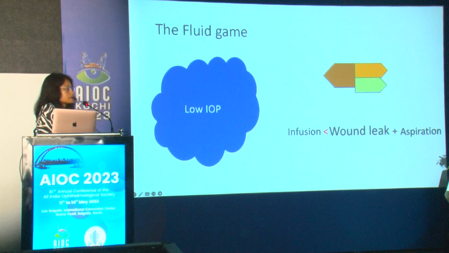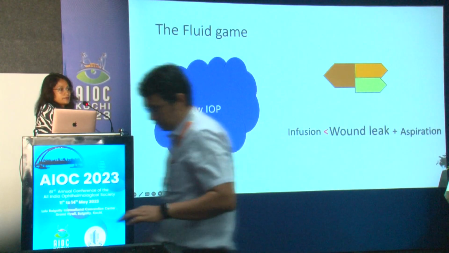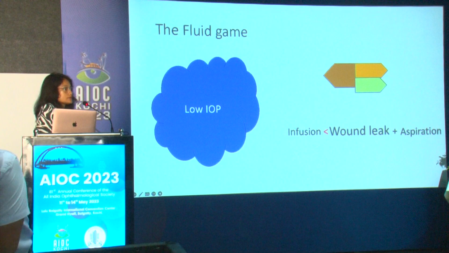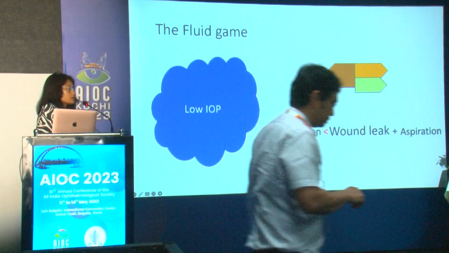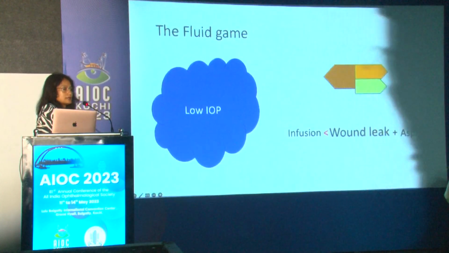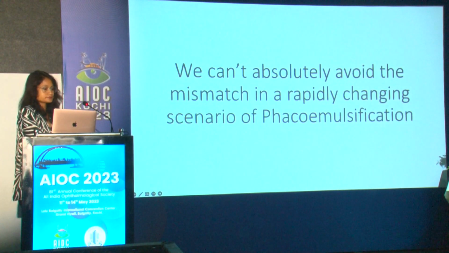What we have observed is that whenever the infusion goes high, clinically we won't observe it. But whenever there is an excessive exit, like excessive aspiration or wound leakage, we'll see it clinically. We can see shallowing of the anterior chamber.